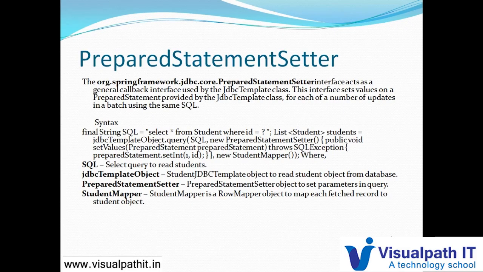How is it done? Inside the JDBC template object query, we are having the prepared statement setter. So that value will be passed to the SQL query to read the students. The prepared statement setter object is used to set the parameters in the query.